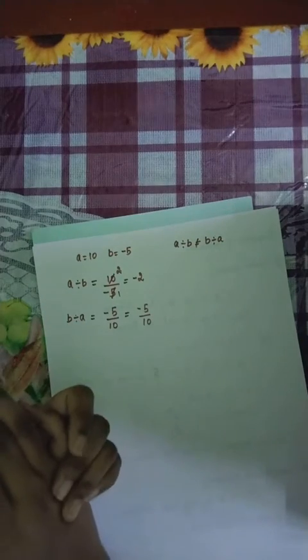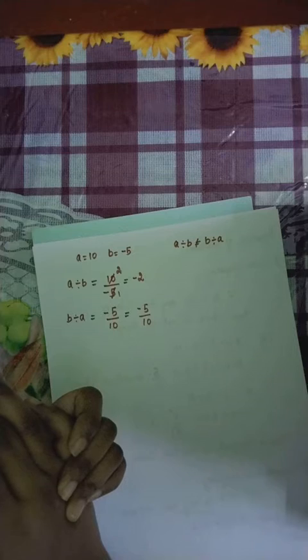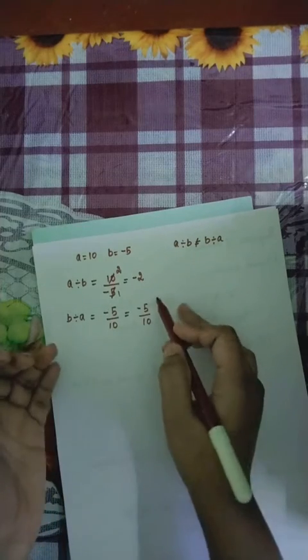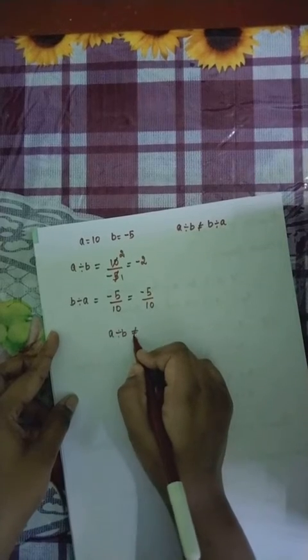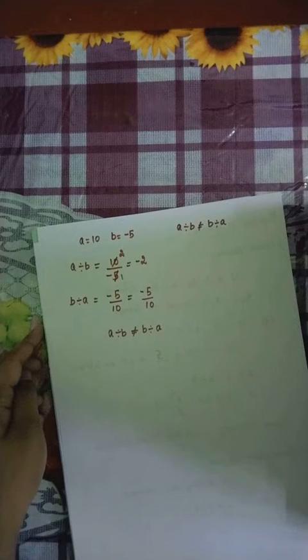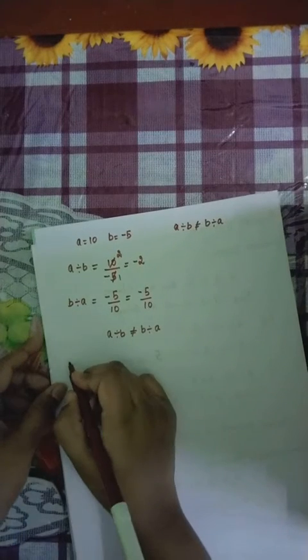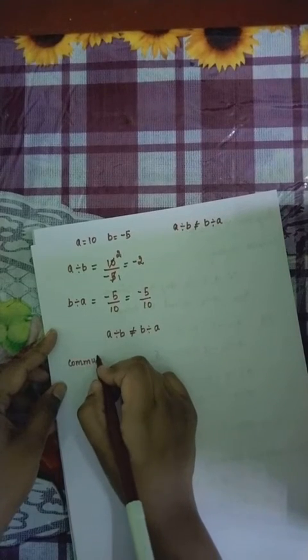It is not the same. So A divided by B is not equal to B divided by A. So commutative property is not true under division.